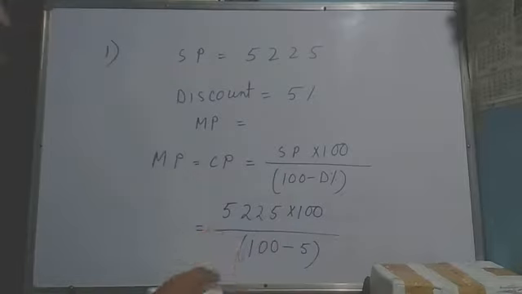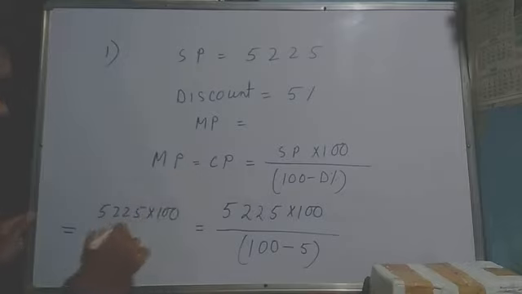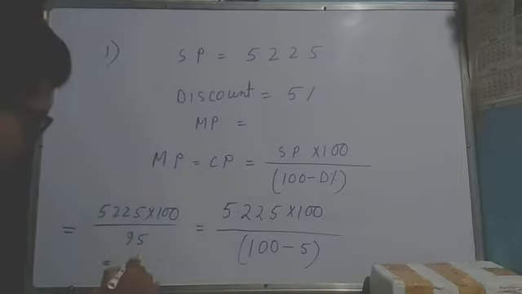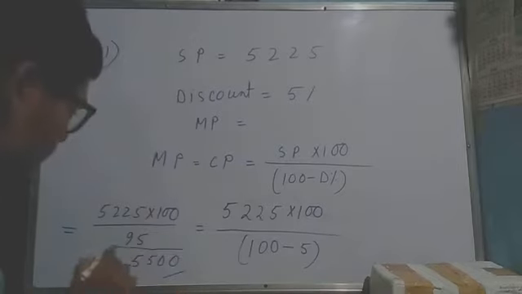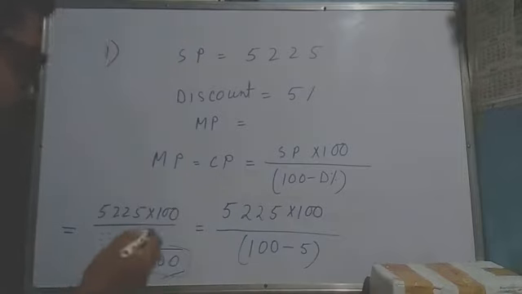So 100 minus 5, how much will it be? 95. If you do the calculation, you will get 5500. That means 5500 is your answer.